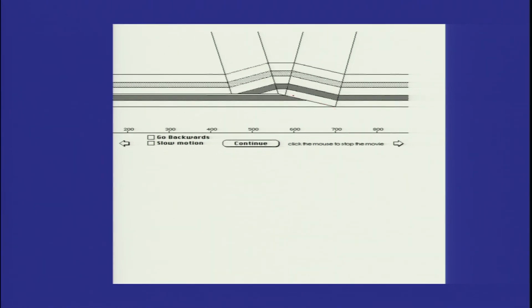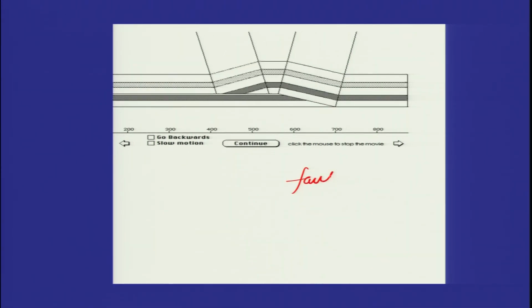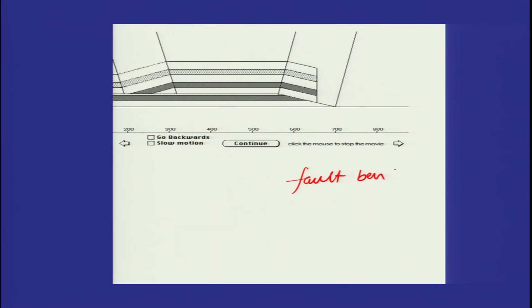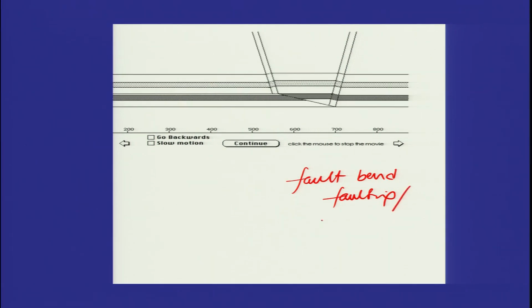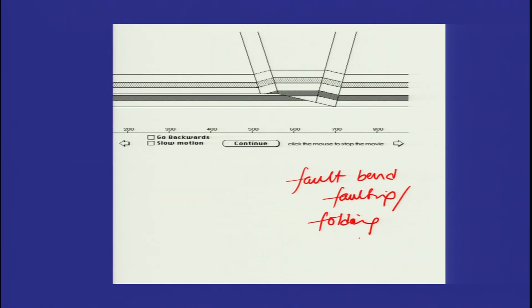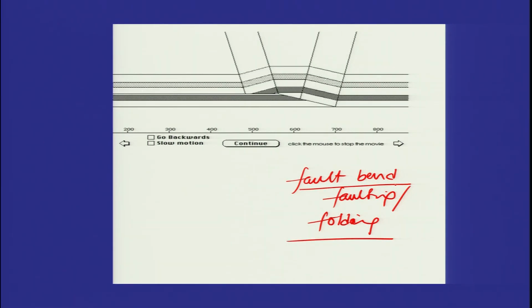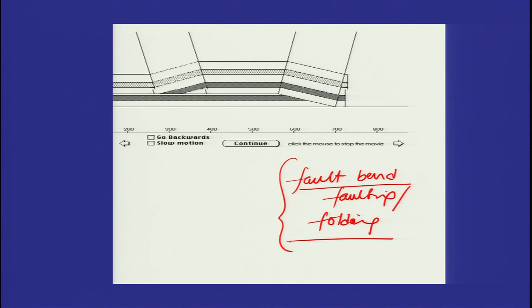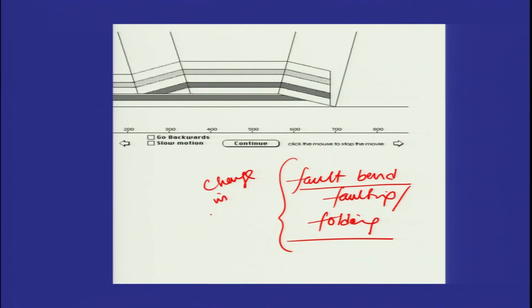This is typical of what we call fault bend faulting, or you can say folding. Associated folding you will be able to see because of the fault bend. Mainly what we see is the change in depth.